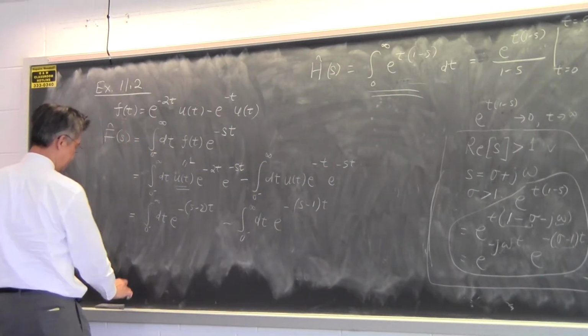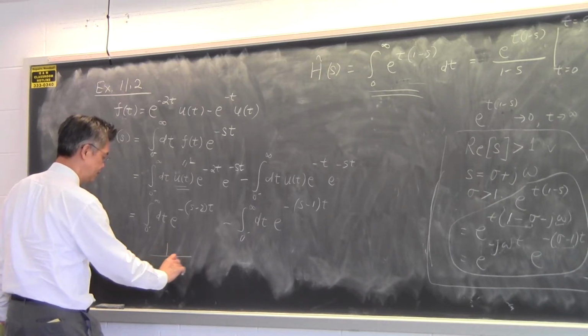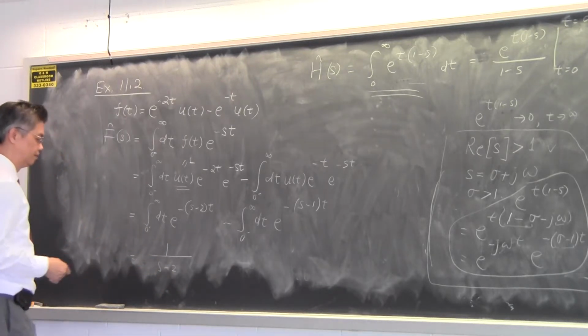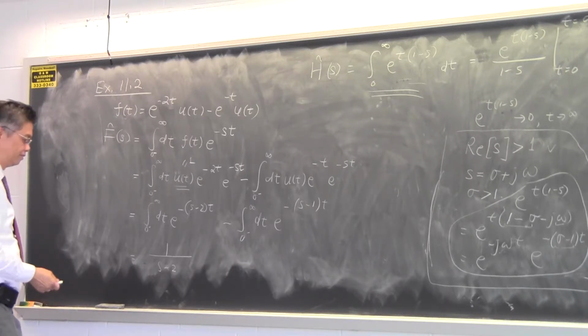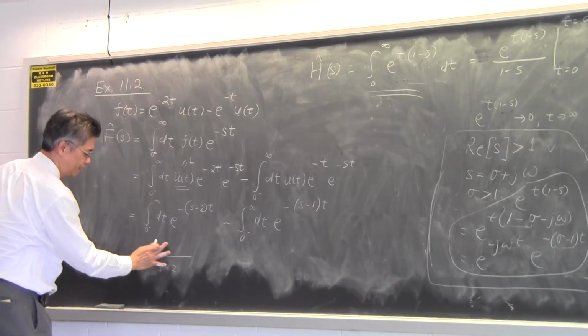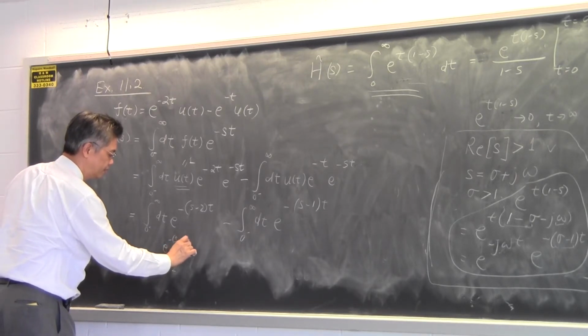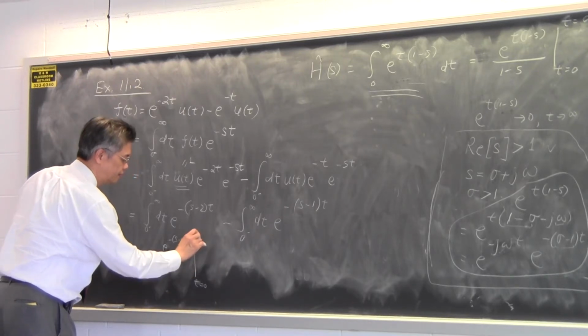So you integrate, and you get 1 over s minus 2. The upper limit of integration would only converge for the first term. Maybe I can put it back in: e to the minus (s minus 2)t, with t from 0 to infinity.